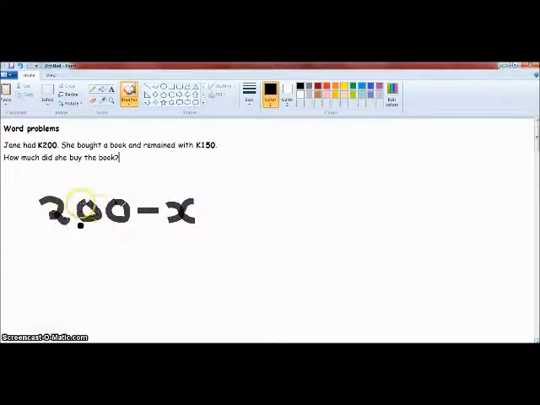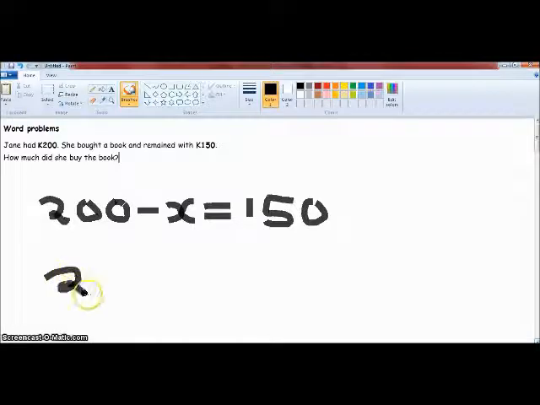So Jen had 200 kwacha. Then she removed some money to buy a book. We have not been told how much money that is. But we are told that after removing this money X, she remained with 150 kwacha. So the question is, how much did she buy the book? So we want to know how much is X. So again, what you do is, you do 200.